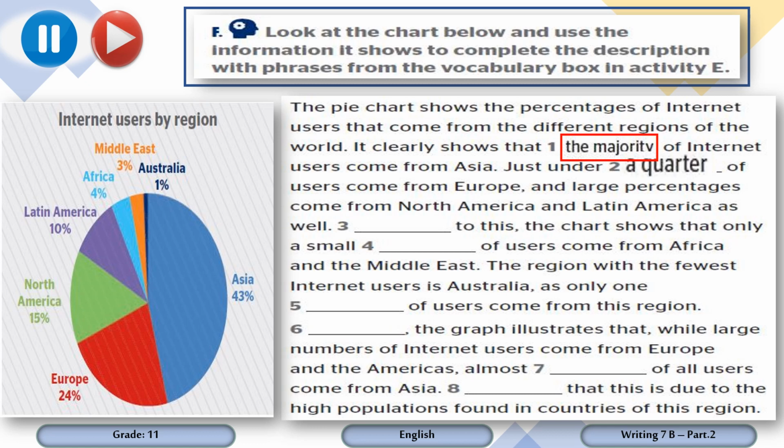Just under, excellent, a quota of users come from Europe, and large percentages come from North America and Latin America as well. Number 3, excellent. In contrast, we can also use in comparison.